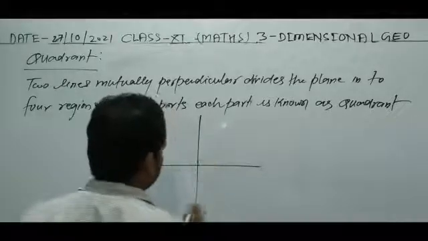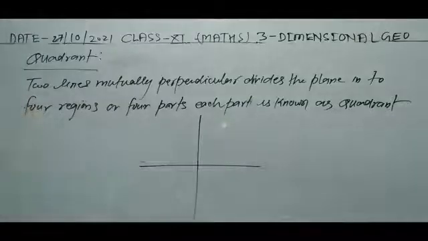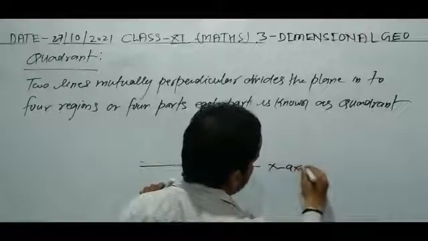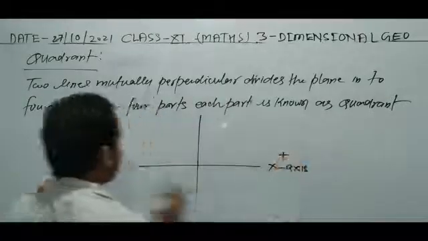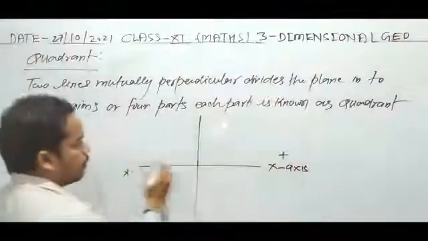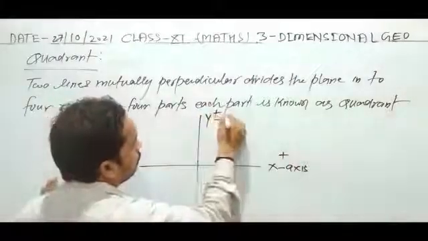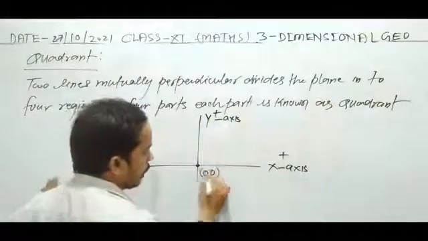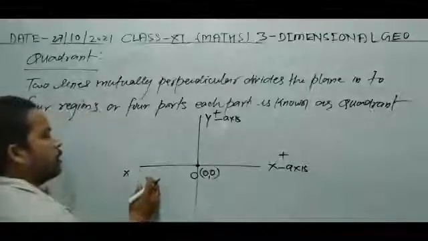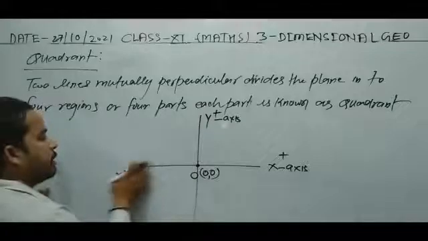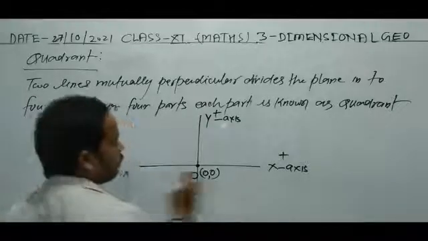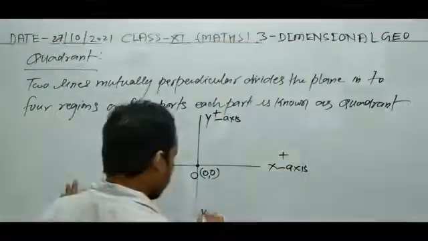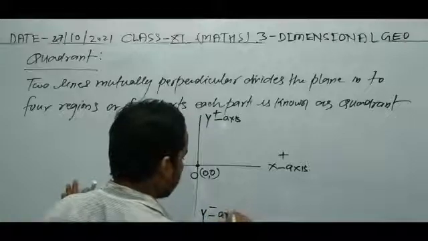These four parts are known as quadrants. The horizontal line is known as the x-axis, the vertical line is known as the y-axis, and the intersection point of the x and y axes is known as the origin. The x-axis to the left of the origin is the negative x-axis, and the y-axis below the origin is the negative y-axis.